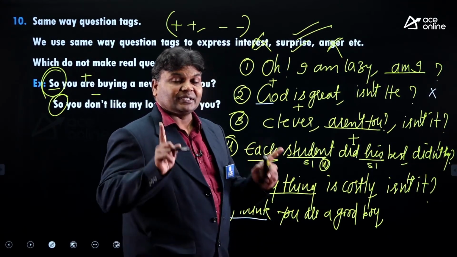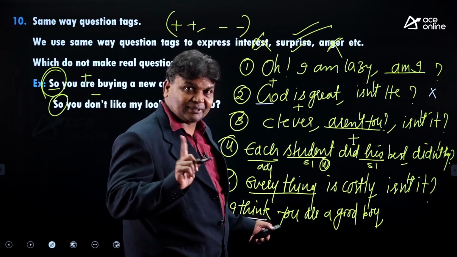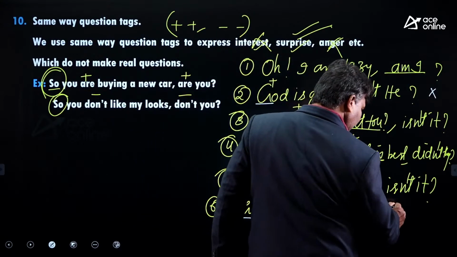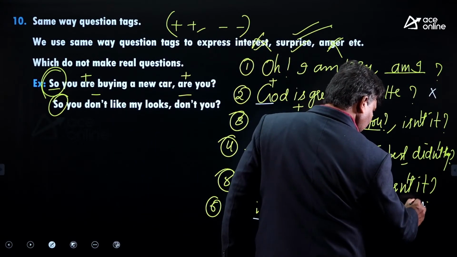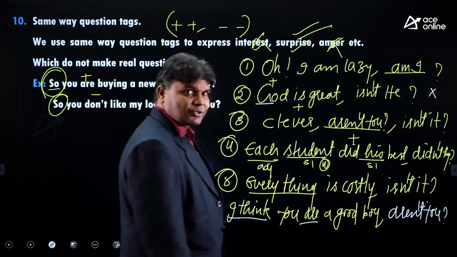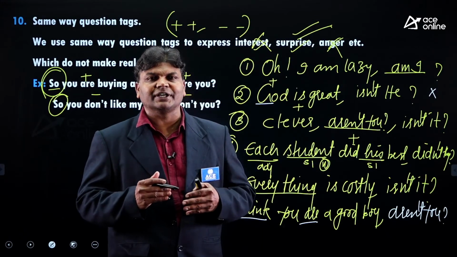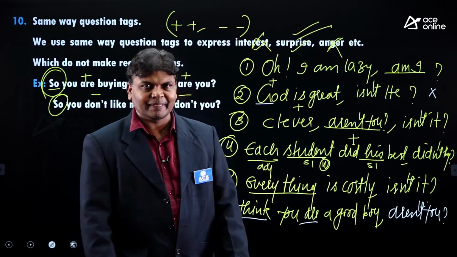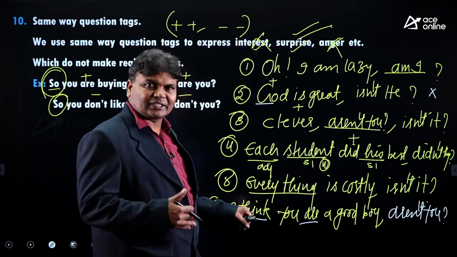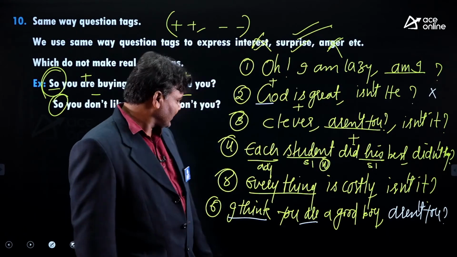The main sentence you are supposed to take. I think is not the main sentence. You are a good boy. Aren't you? So sometimes when there are 2 sentences, think which is the important one, which has more credibility. I think is not the main sentence. You are a good boy is the main sentence, students.